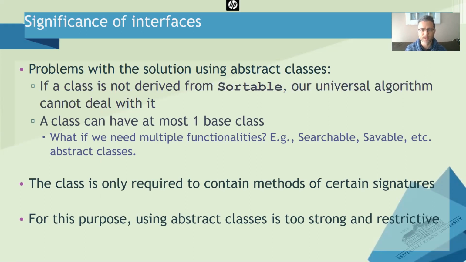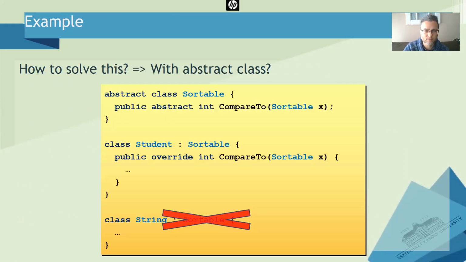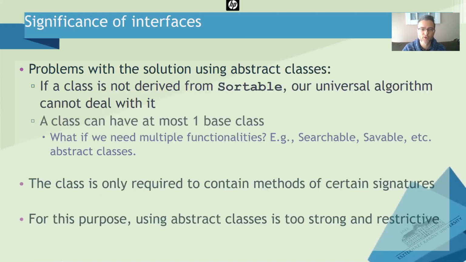So what if I would like to use search algorithms on my Student class? Can I enumerate here several such parent classes? No, in C# you cannot do that. Yeah, so this is a really tough limitation.